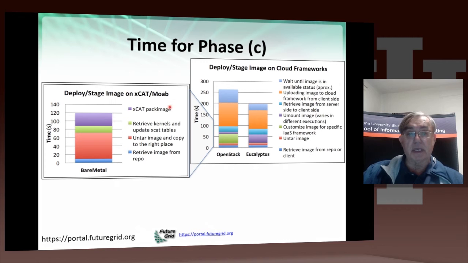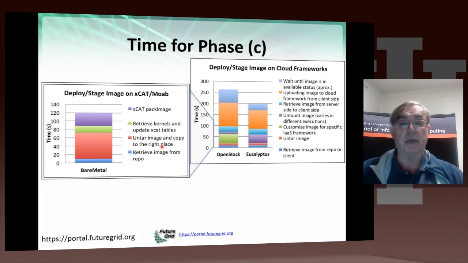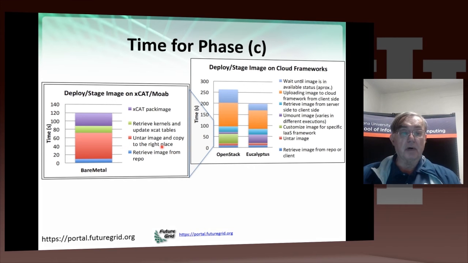And here's the time it takes to take the XML specification of the image, develop the appropriate image for the particular environment, and then store it in the repository for that environment. So each environment has its own library where you actually access the bits and bytes you need to put on your machine to actually run it.